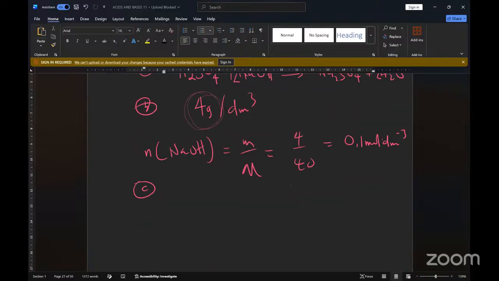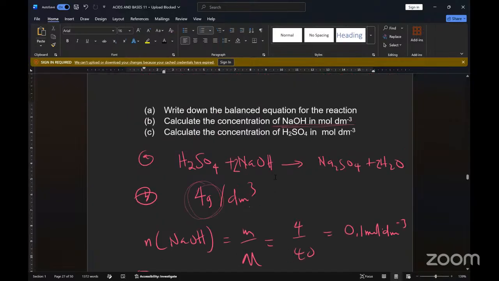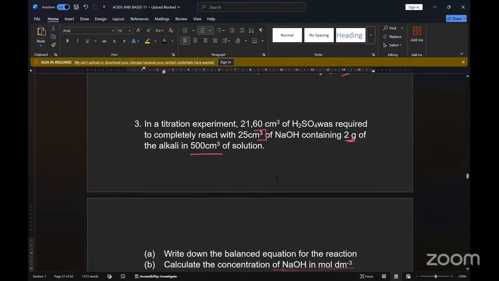We are going to look for our information. Concentration of the base is equal to 0.1 mole per dm cube, that's what we calculated in the previous question. The volume that was used was 25 centimeters cube.